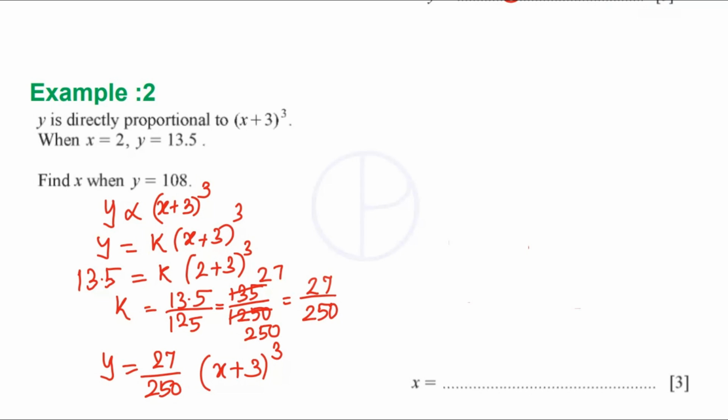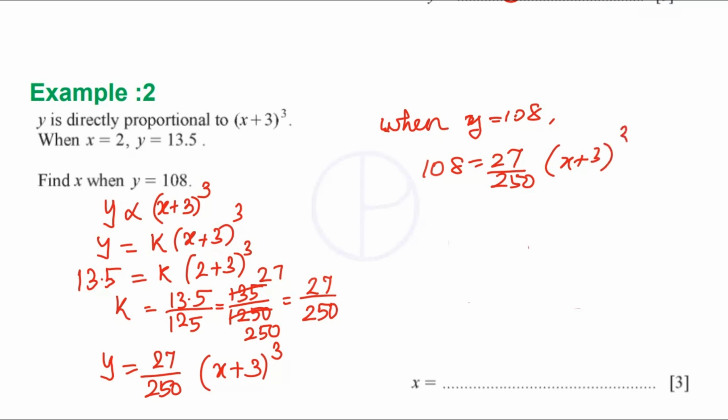Now let's find out x when y is 108. 108 equals 27 divided by 250 multiplied by (x plus 3) the whole cube.